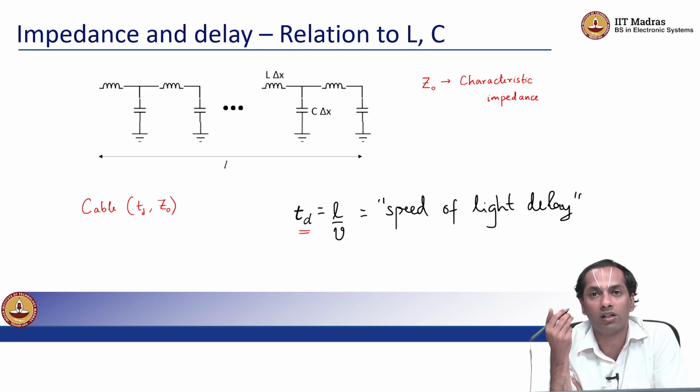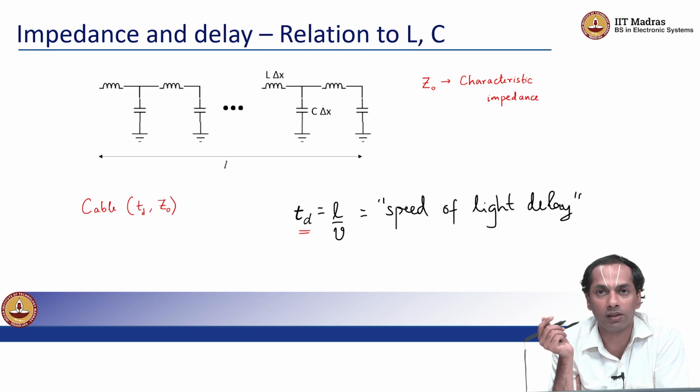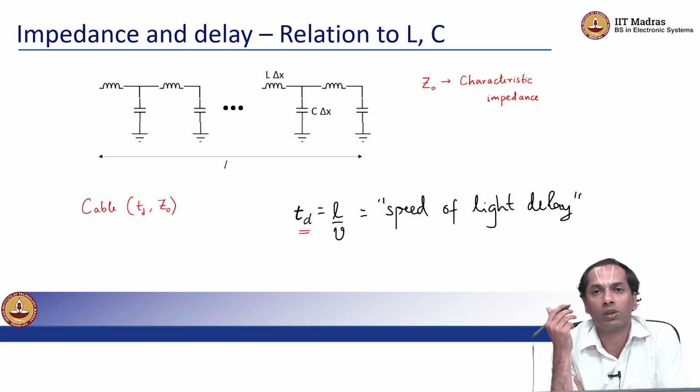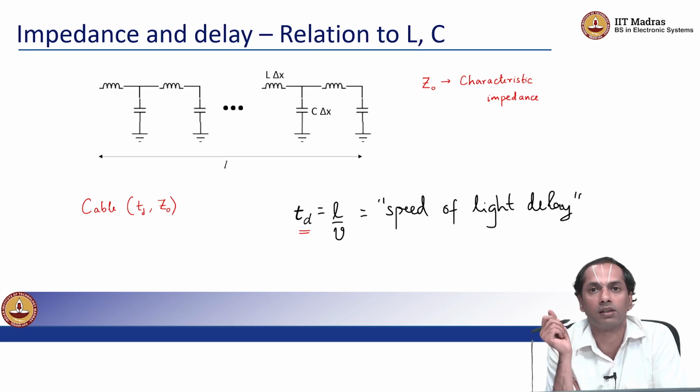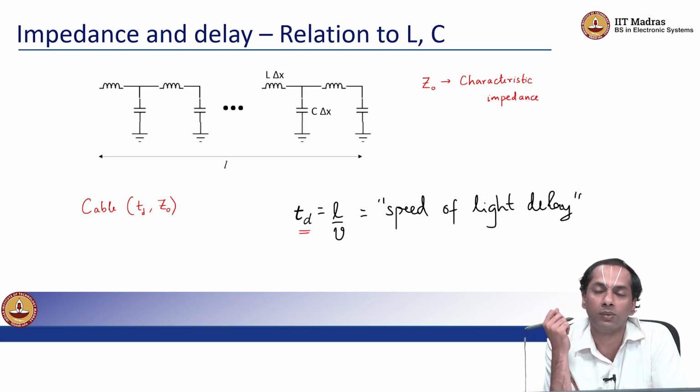But if I were to introduce a dielectric, the relative permittivities and permeabilities will come in, and the speed of light slows down, right. So you can anticipate that some transmission lines that have a dielectric spacer between the conductors, the speed of light is not quite the 3 times 10 to the 8 meters per second that we are aware of in vacuum, but rather we call this the speed of light delay in the cable, right. So remember, nothing can move faster than the speed of light in the medium, right.